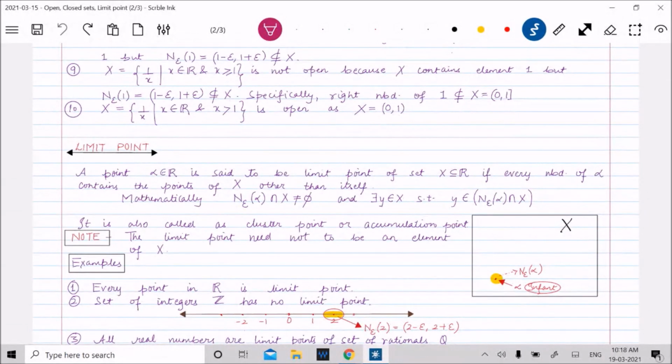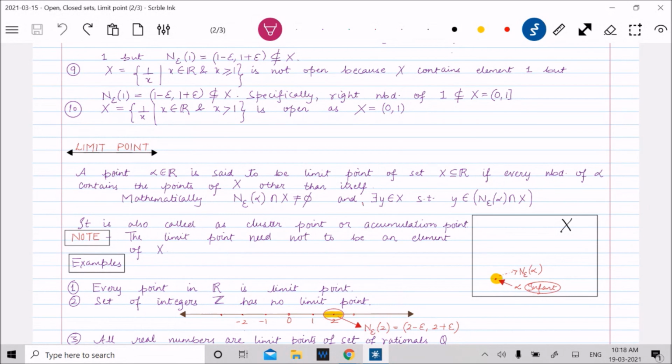So mathematically, if you draw the neighborhood of alpha, this is alpha and this is the neighborhood of alpha, and if you intersect this neighborhood with the set X, then you will have something in this intersection. It is not possible that the intersection is empty, because as I said earlier, alpha is never an isolated point. There has to be some point in the neighborhood of alpha other than alpha, and those points should belong to the set X, right?